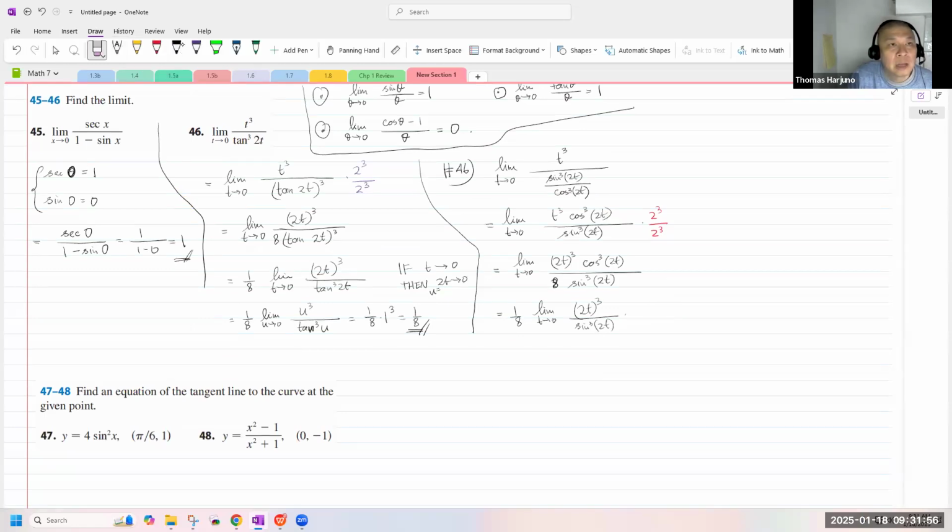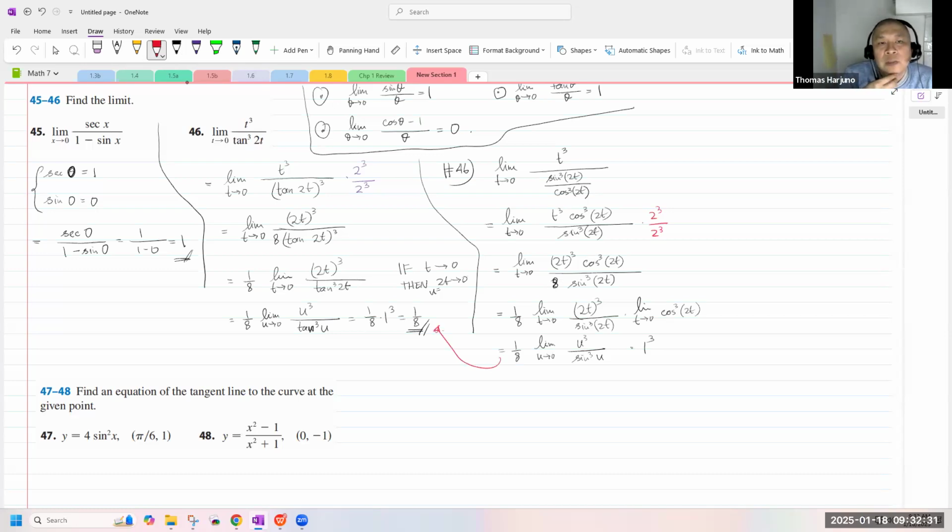I can say the limit of a product equals the product of the limits. So this becomes 1/8, this becomes 1 cubed, and this becomes limit u goes to 0 of u cubed over sine cubed u, which basically goes back to this, right?